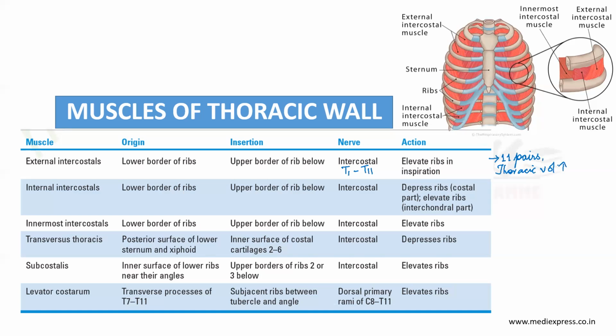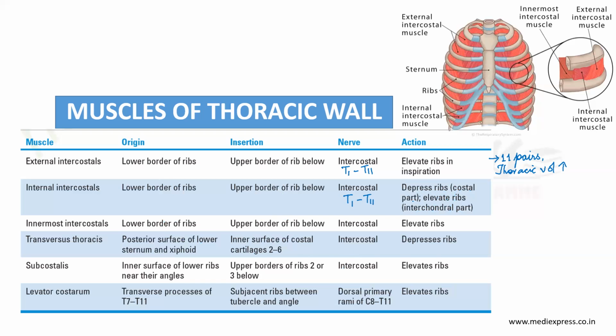Okay. So next one is about the internal intercostal muscles. Again, about the origin and insertion, we have already dealt. Again, the same innervation, the intercostal nerve, that is T1 to T11. And what is the action? It depresses the ribs and elevates the ribs in the interchondral part.